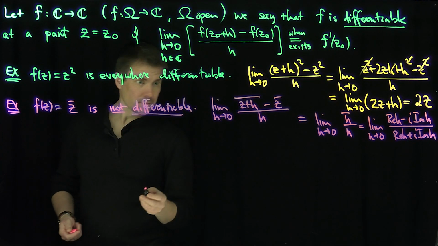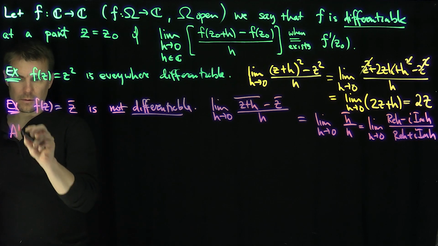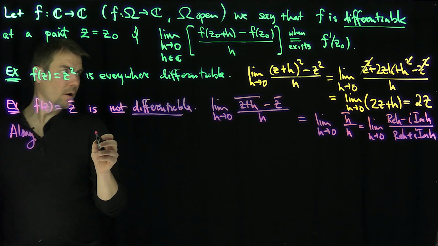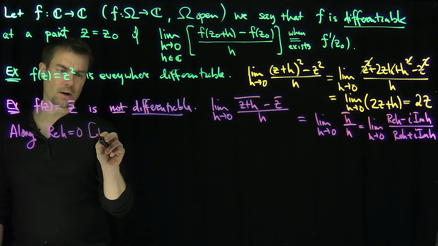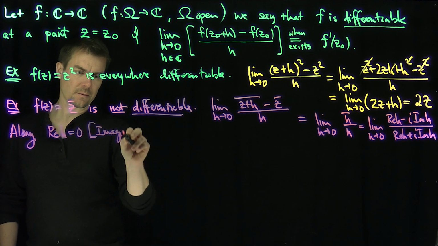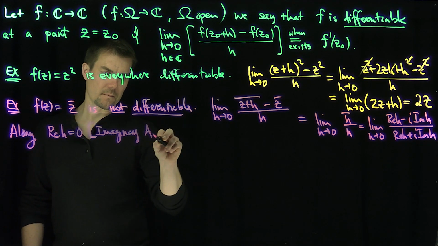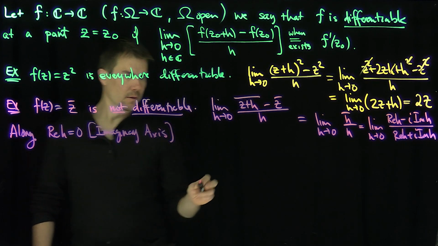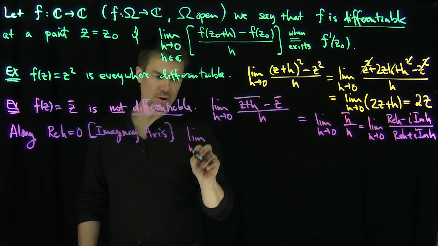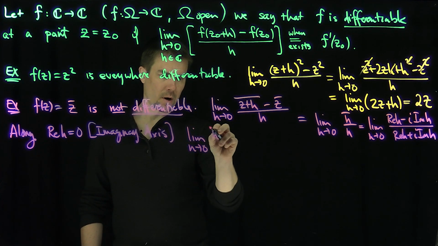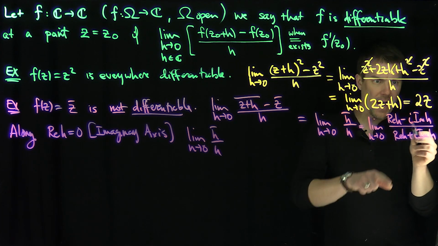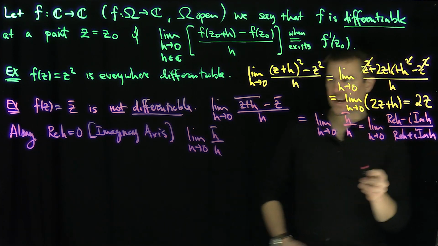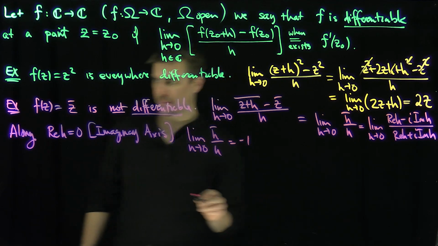Now, what happens along the path where the real part of h is equal to 0? That's a fancy way of saying along the imaginary axis. The limit as h approaches 0 of h bar over h: I just get minus i times the imaginary part of h over i times the imaginary part of h, which is negative 1.